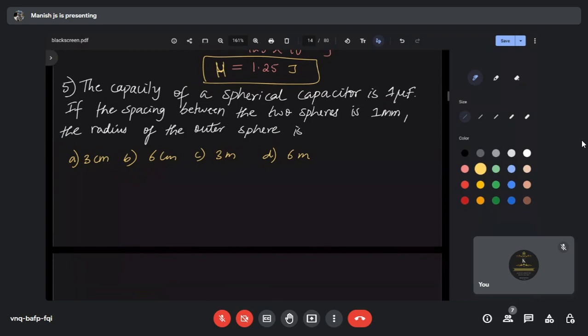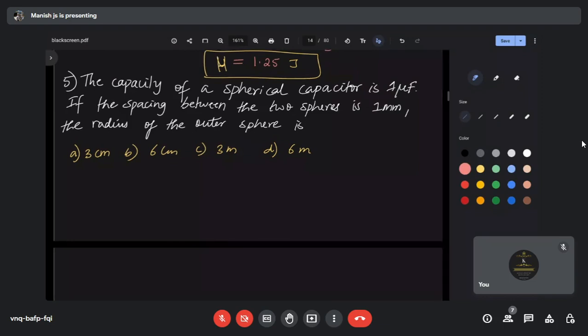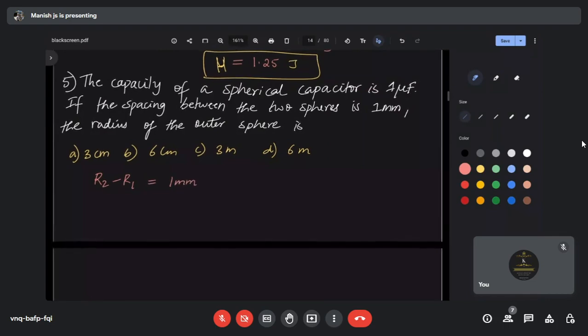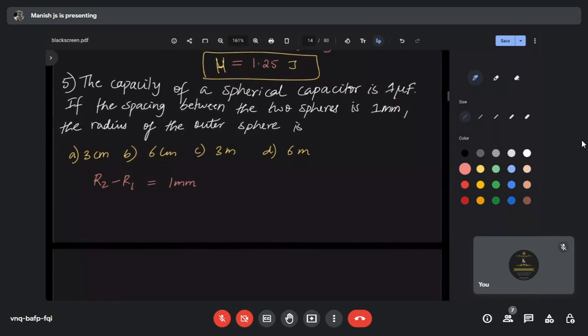What is the meaning? Sir, R2 minus R1 is equal to 1 mm. Correct. Yeah, R2 minus R1 is 1 mm.